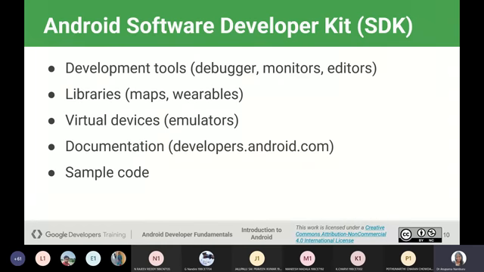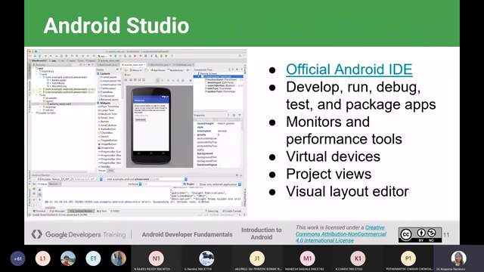So this is one of the important parts of the Android ecosystem: the Android software development kit, which is actually used for programming the apps. One of the Android development kits is Android Studio itself.